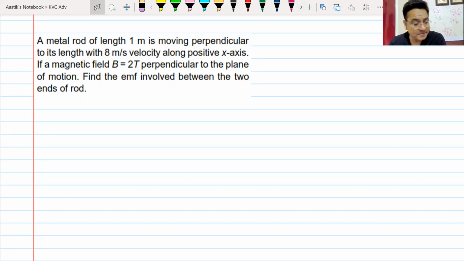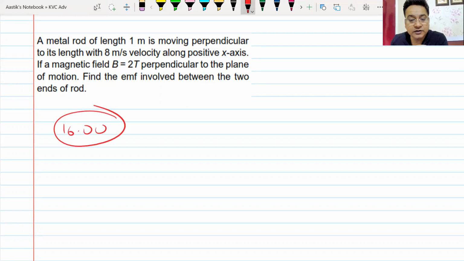And the answer is 16, sir. 16 volt. Answer is 16.00, and that is what we are looking at.